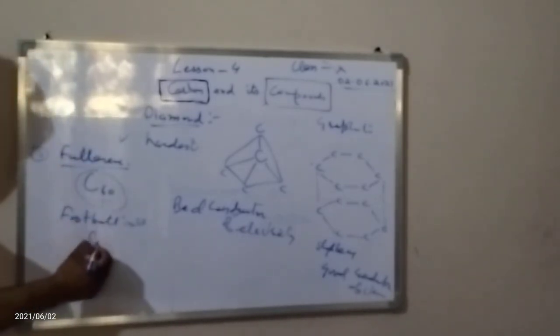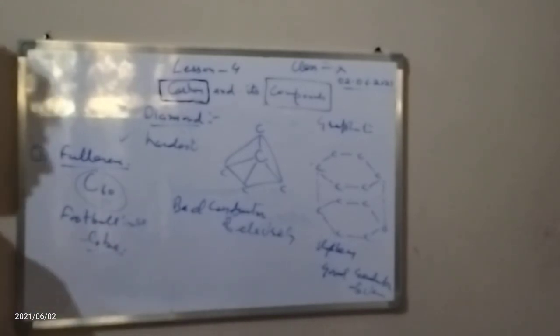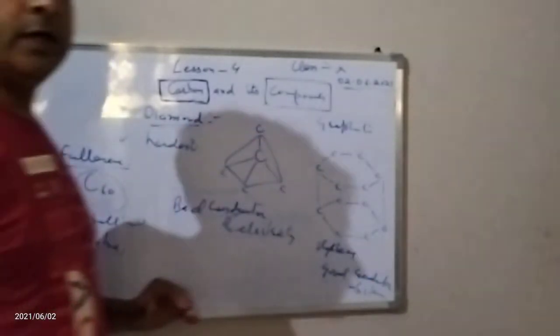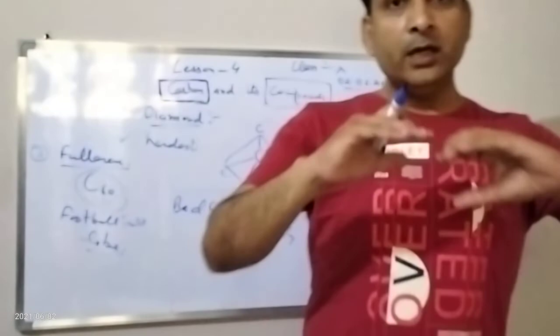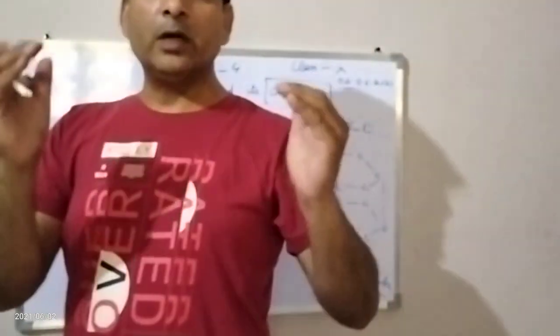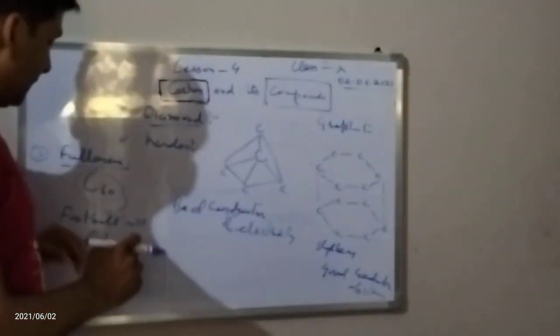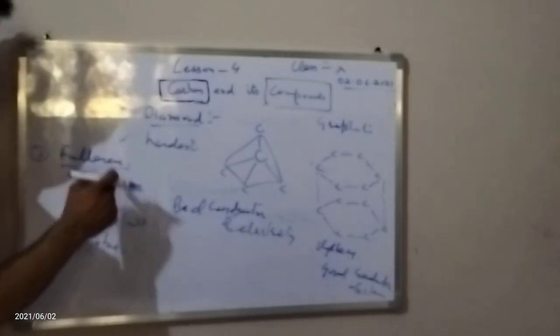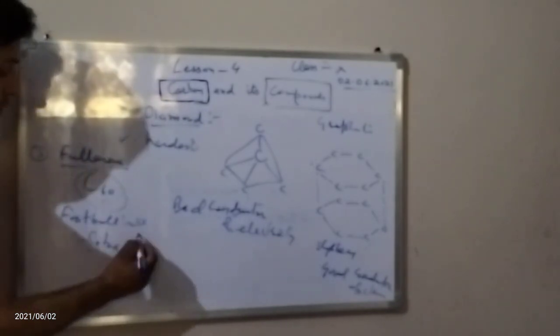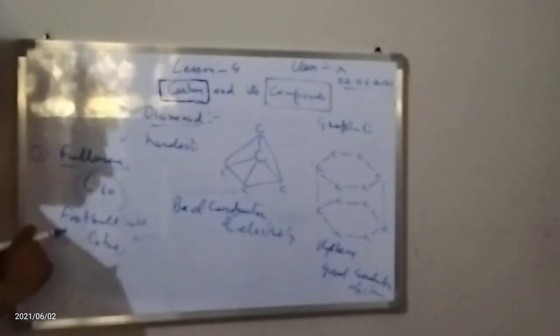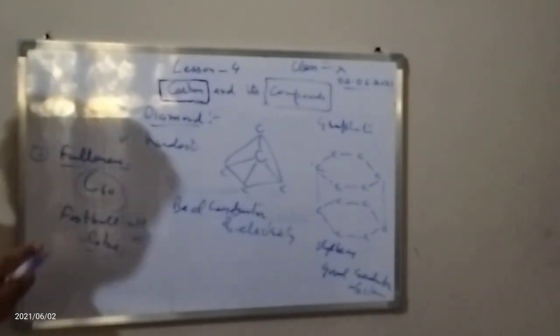It was discovered by Buckminster, and its structure was similar to the dome designed by Buckminster. That's why it is called Buckminster Fullerene. This was the third allotrope of carbon.